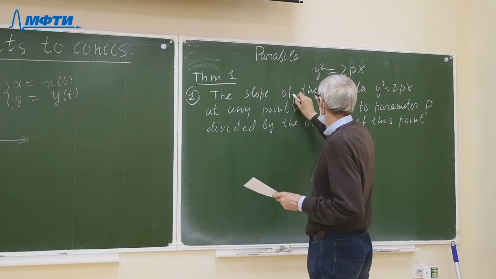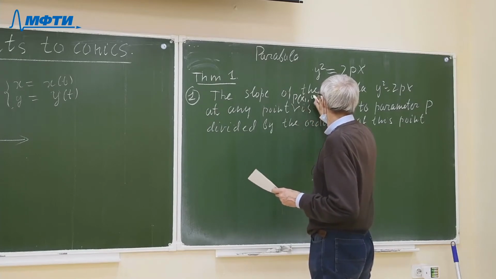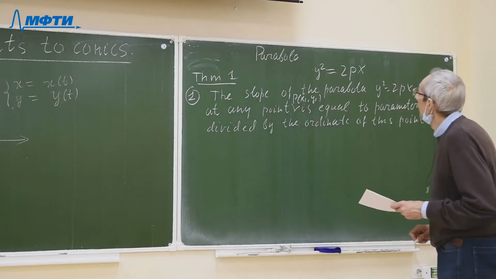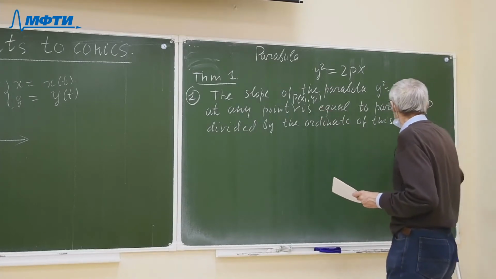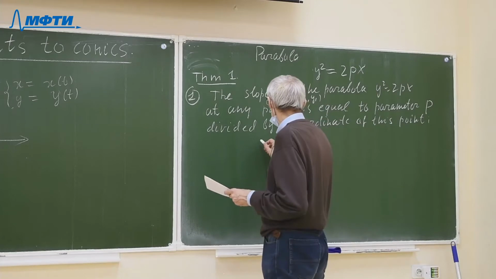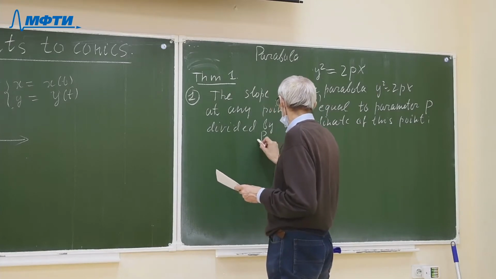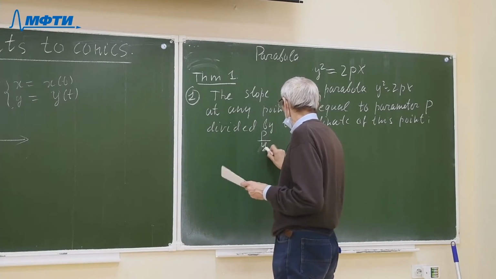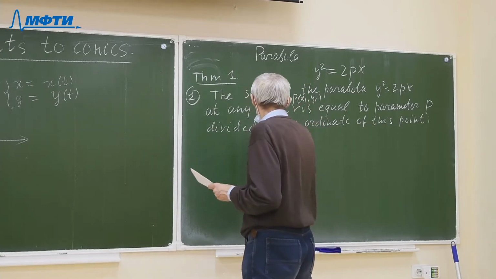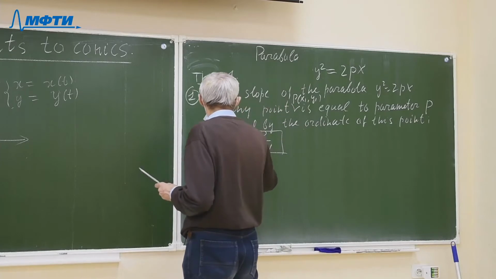Let point P have coordinates x1, y1. In this case we obtain that the slope is equal to the ratio p over y1.